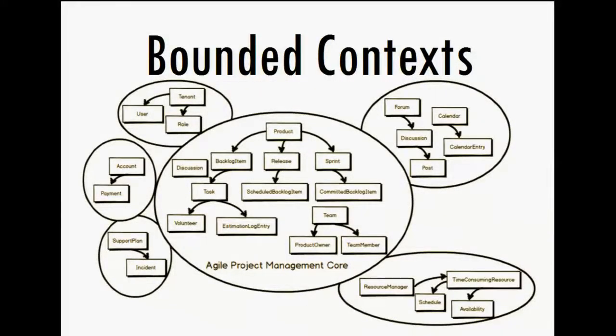And now, let's take a look back at that original, sort of out of control, big ball of mud model that was starting to form. Similar to that UML diagram that went from one end of the conference table to another. So in the center there is our Agile Project Management core domain.